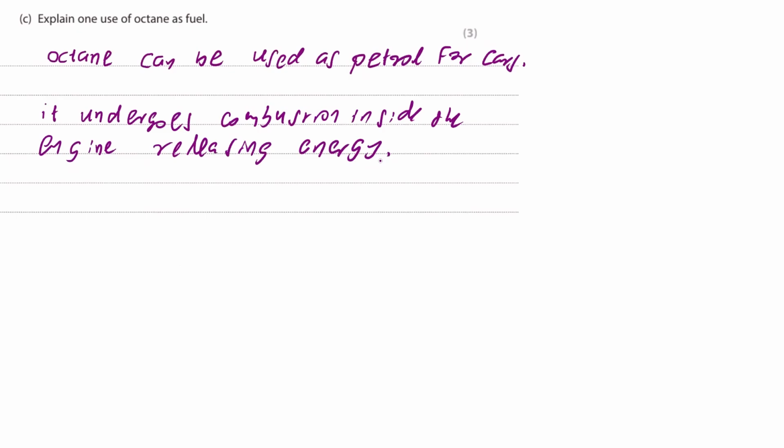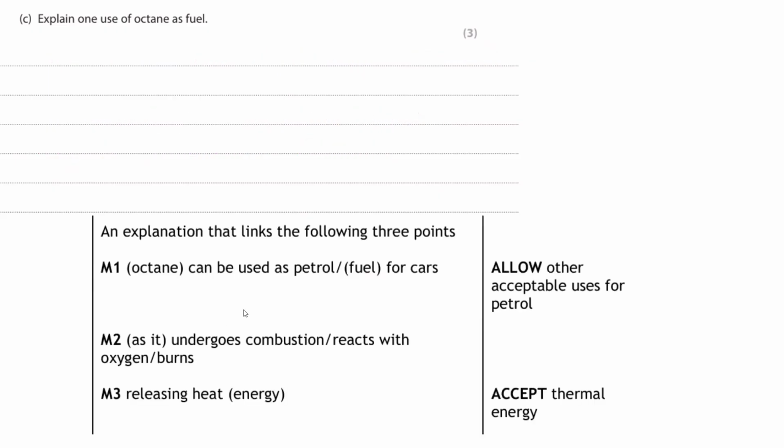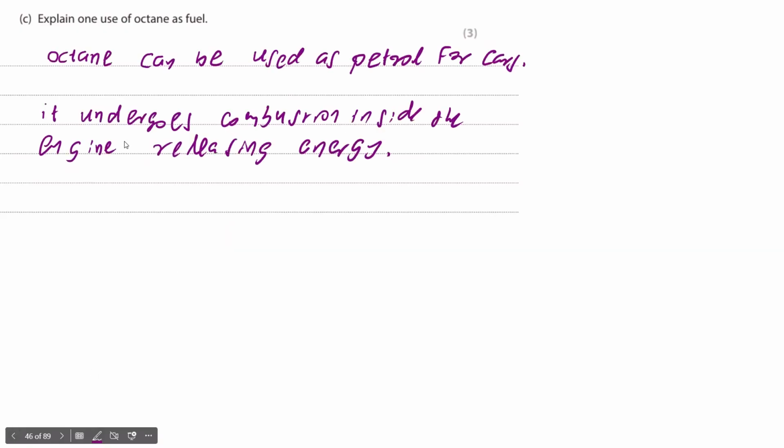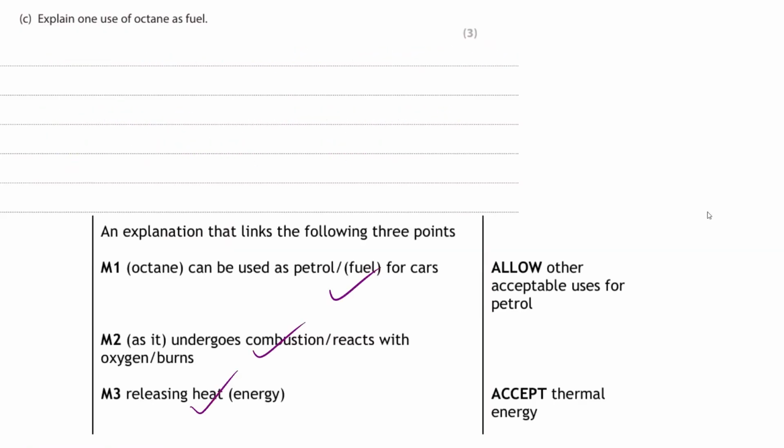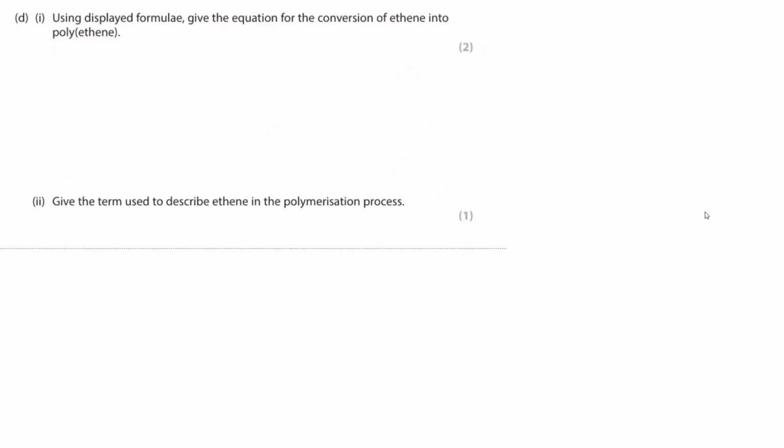Yeah, from that we can get it. It's 3 marks, but I think our third mark might be here. Let's see. Used as petrol for cars, undergoes combustion, releasing heat or energy. Yes, so we have it. Undergoes combustion, releasing energy. Yes, we got full marks for that one.